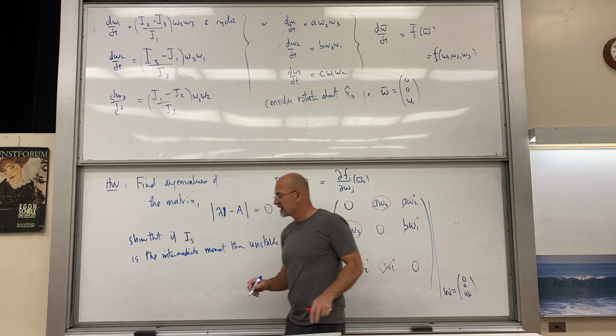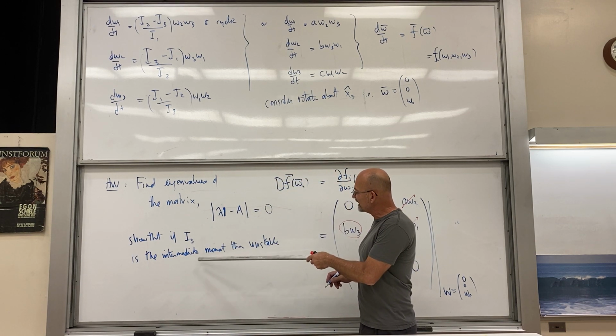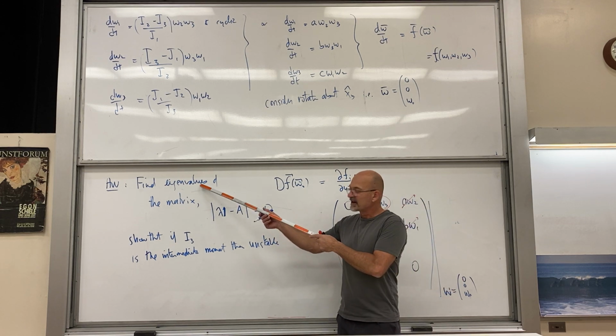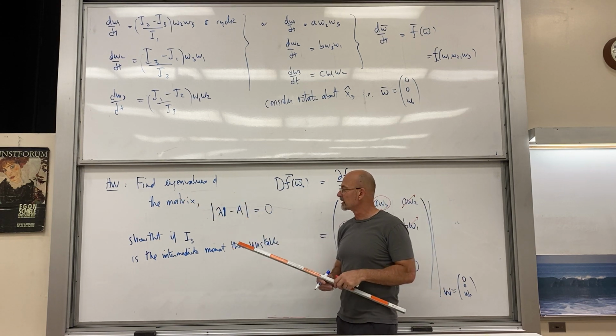Which is to say, if I3 is the intermediate moment of inertia, then the real part of the eigenvalue is going to be greater than 0.